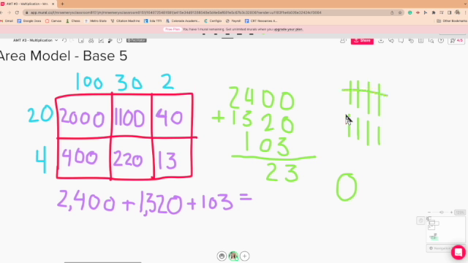So this is my 1, 0, and then I have 3 left over. So that would be 1, 3. 4 plus 4 in base 5 is 1, 3. So I'm going to write the 3 down here, put the 1 up here. 1 plus 2 is 3, plus 1 is 4. So our grand total is going to be 4, 3, 2, 3.